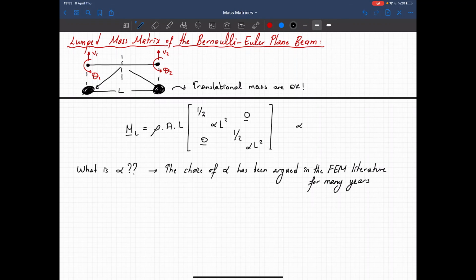So we can just say that alpha is larger than 0, and it's typically between 0 and 1 over 50, okay? But one approach is to ignore the rotational degrees, don't use them at all. So you ignore rotational mass. But you have a singular matrix, so your solver should be able to handle that.